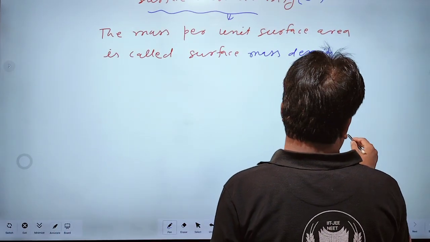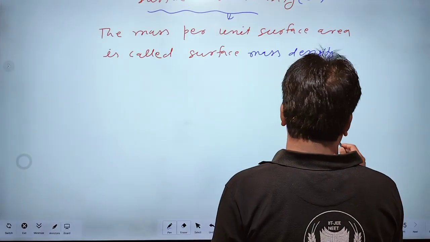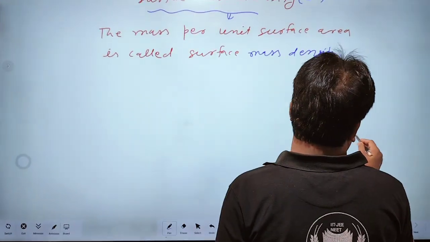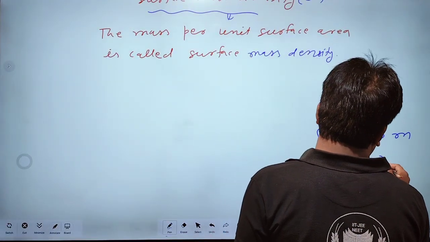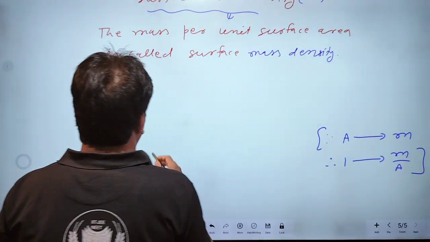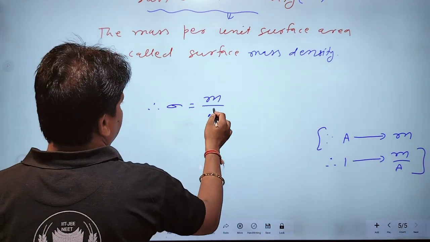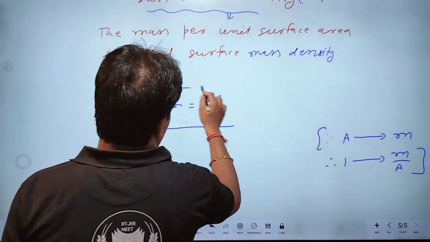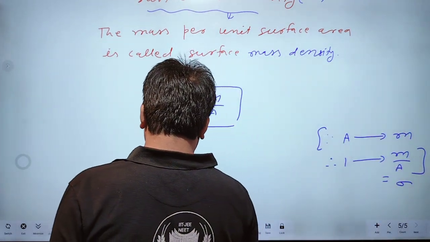Okay, suppose let m be the mass whose area is A. Therefore, per unit area, m upon A. Therefore, sigma should be equal to mass upon A. What is the unit?